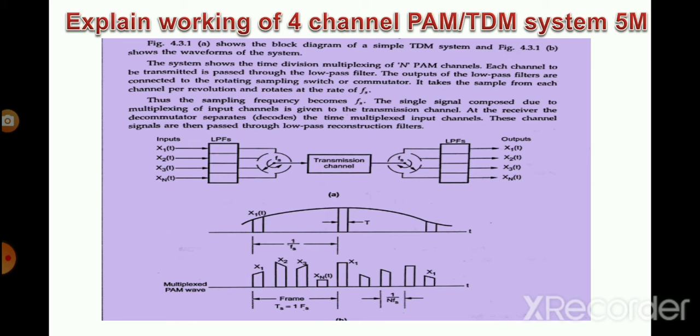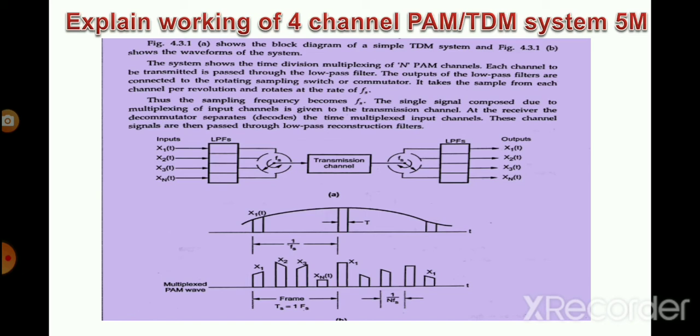Figure shows the block diagram of a simple TDM system and its waveforms. The system shows the time division multiplexing of n PAM channels. Each channel to be transmitted is passed through a low pass filter. The outputs of the low pass filters are connected to the rotating sampling switch or commutator.